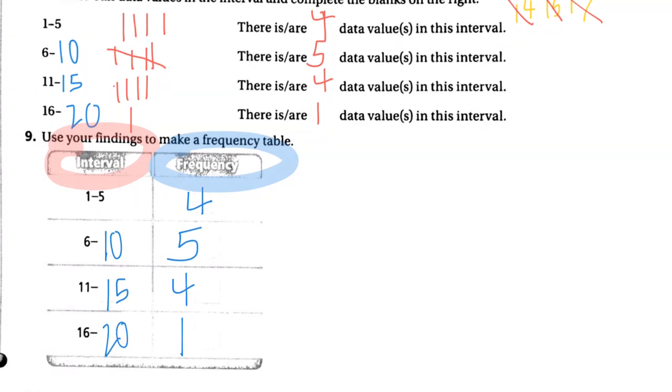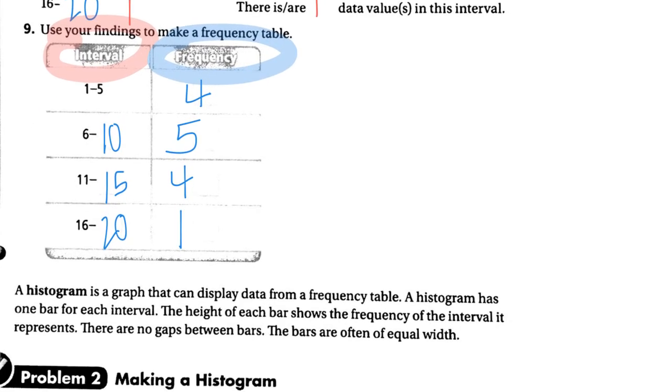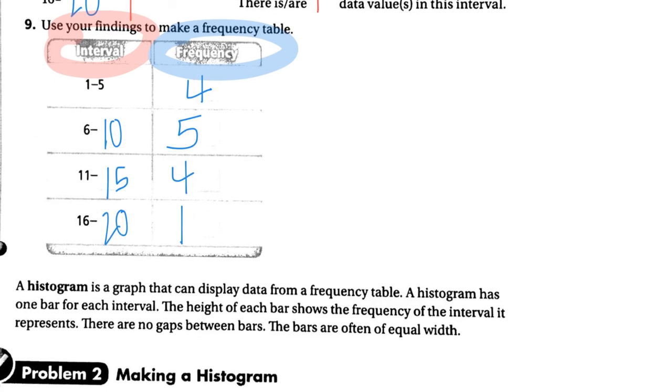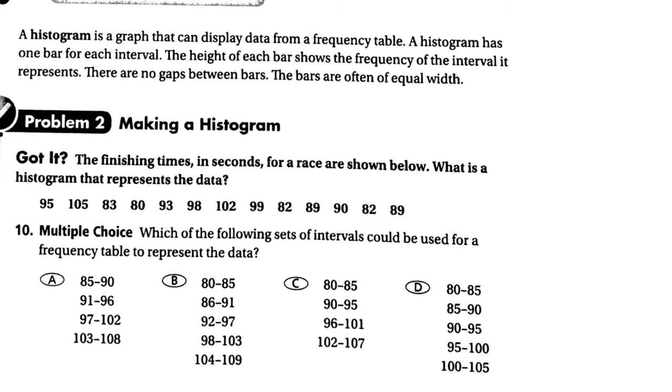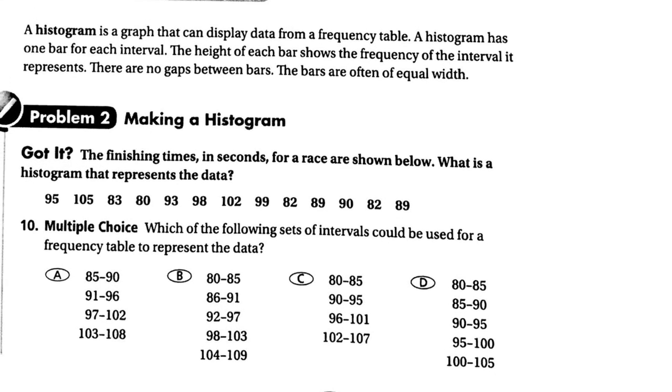So this is one way to represent information from a data set. That's called a frequency table, and it just counts how many times data points in specific intervals occur. The other thing that we're going to go over in this video are histograms. A histogram is a graph that can display data from a frequency table.